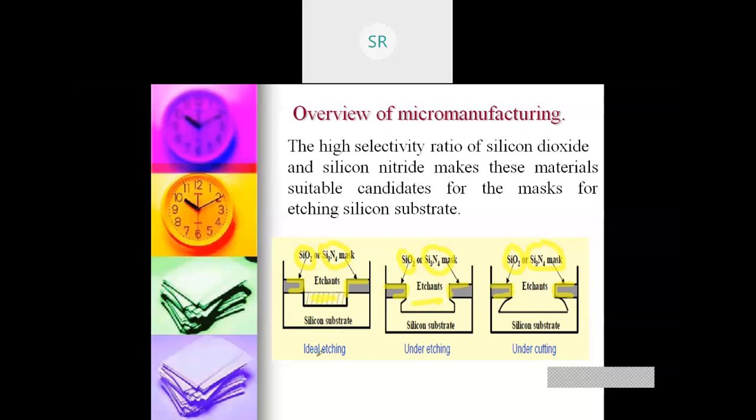So it is ideal etching. Any deviation from the required shape is under etching and undercutting. This is my wet etching, and I started the process. Now somewhere I want to stop this process, so that finally this part is removed.